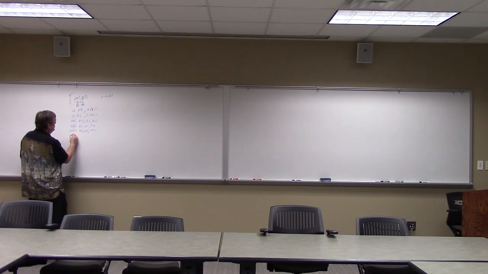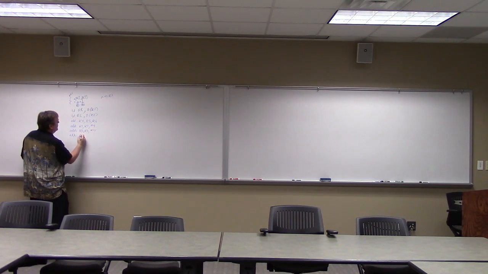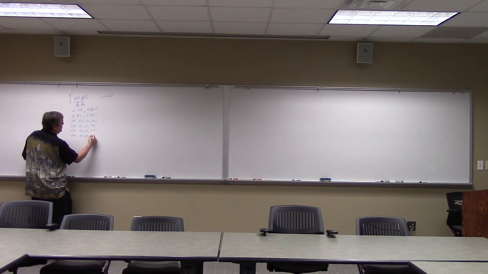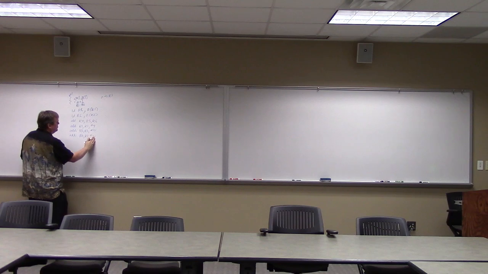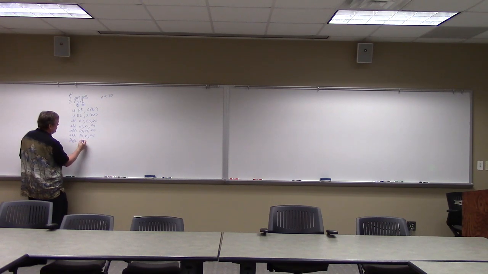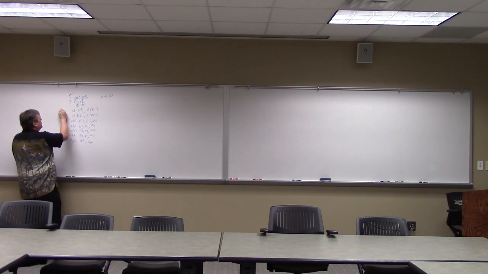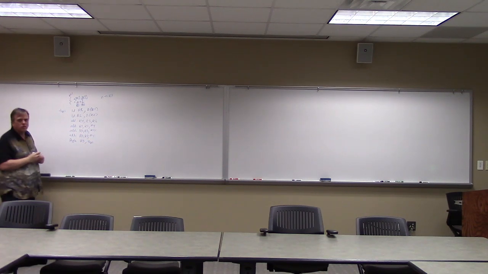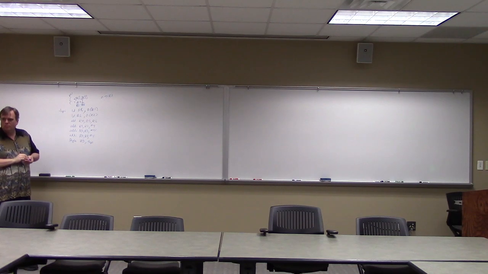So we'll do add I, R3, let's do -1, that's a straight countdown. And then branch greater than 0 on R3. Fair? For a program.